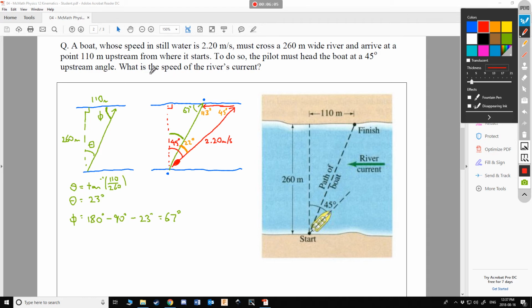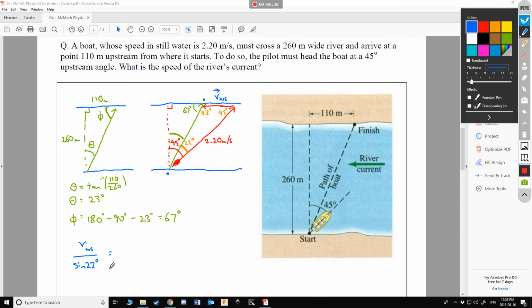So we're asking, what is the speed of the river's current? So we are trying to solve for this vector right here, V, water relative to the shore. We can use the sine law. We're just going to solve for the magnitude right there. Using sine law, we need the angle opposite that length. So that is going to be sine 22 degrees.